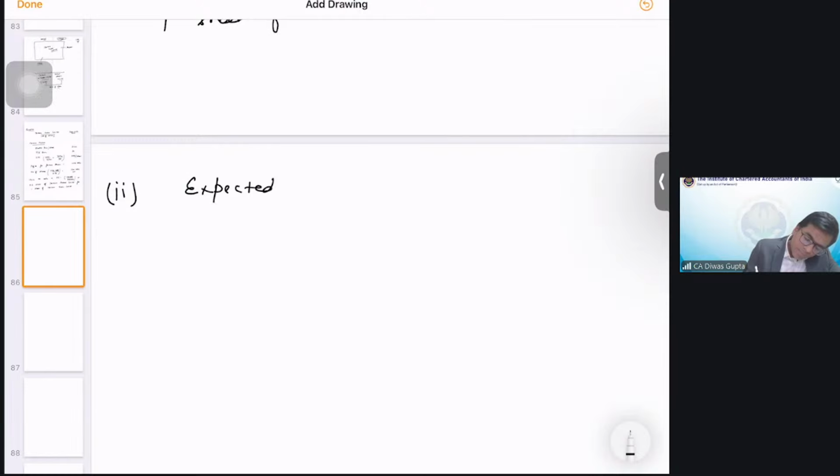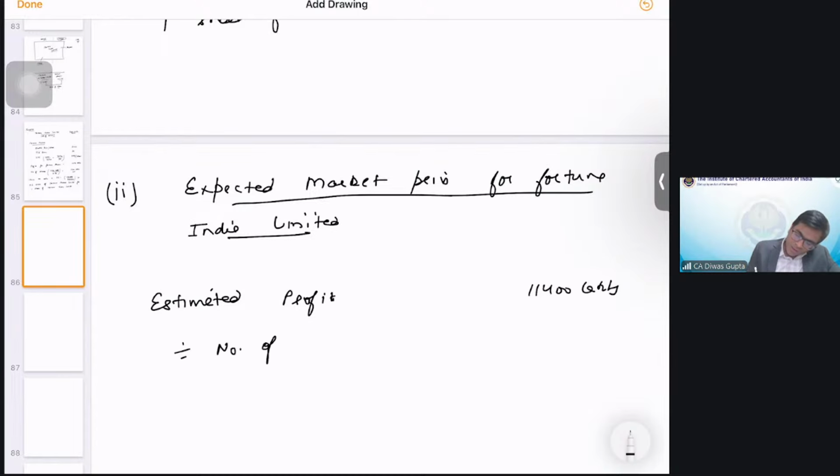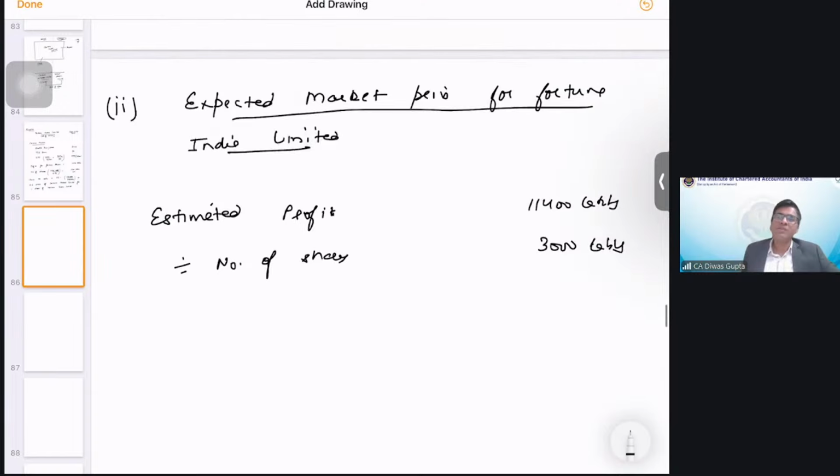Expected market price for Fortune India Limited. Estimated profits 11,400 lakhs, right? Divided by number of shares. We all know that it is 3,000 lakhs. This is for the existing company, right? Which is continuing the FMCG business.